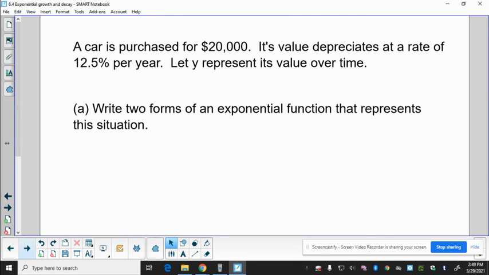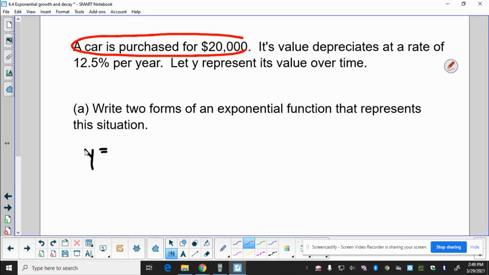There's another one. Let's see if we can get this done. Everybody study that and see if you can write it out. All right. The initial purchase, $20,000. See if we can get our growth factor here.